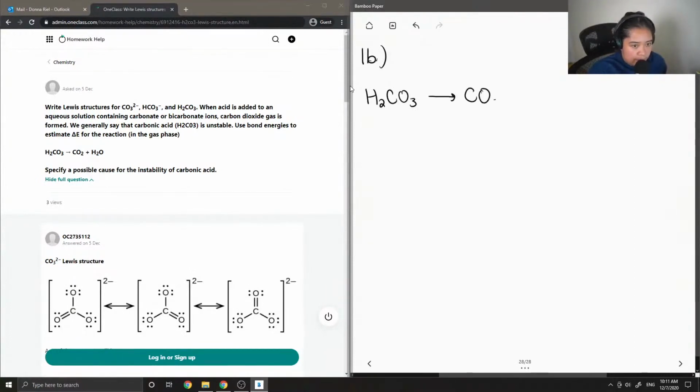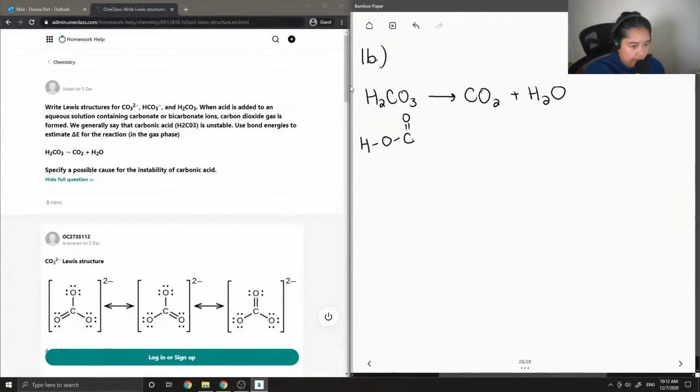This was already given in the question, and it might be easier to just show this reaction, also showing all the bonds in the reactants and the products.